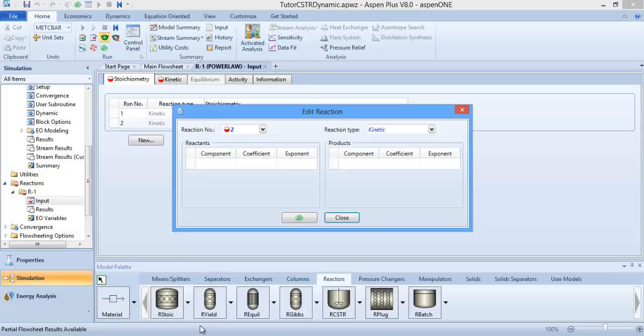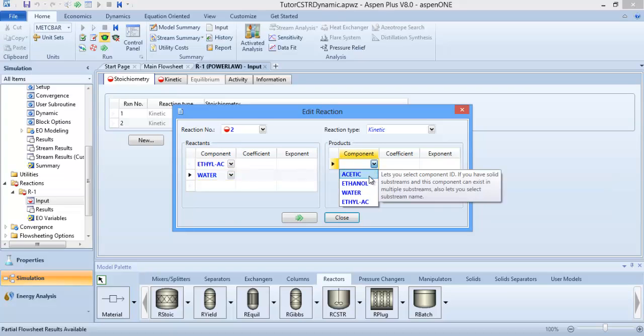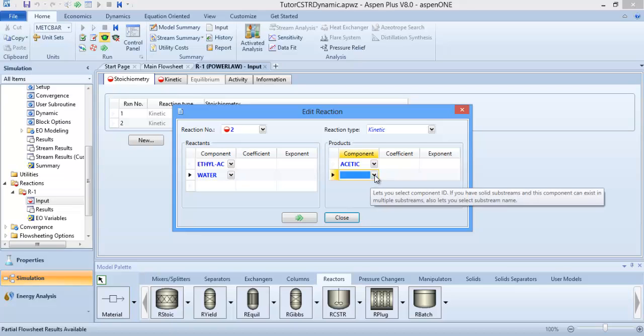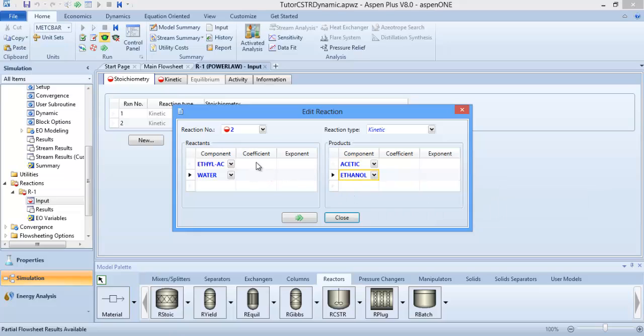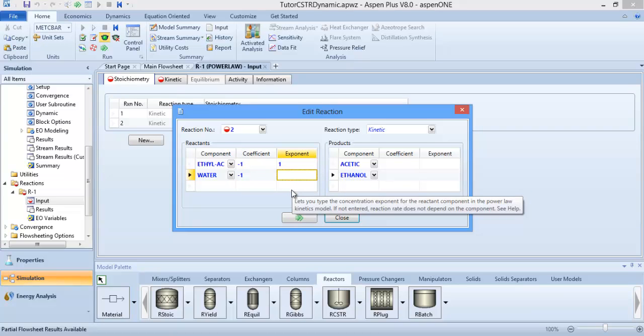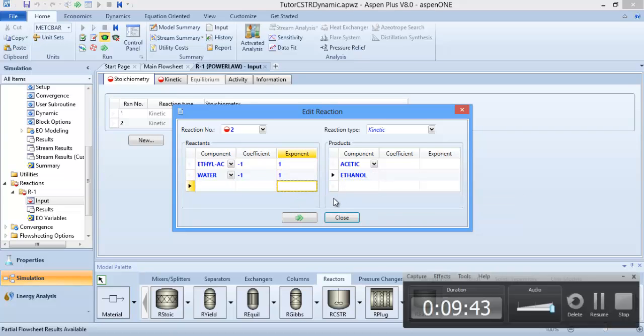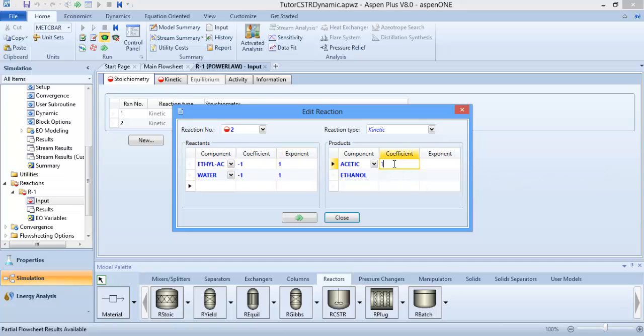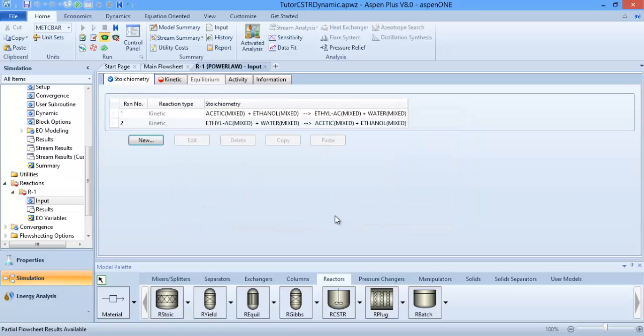Ethyl acetate reacting with water to produce acetic acid and ethanol, and the coefficient will be -1 for the reactants, and the exponent will be 1 for each. Okay, so we're good to go.